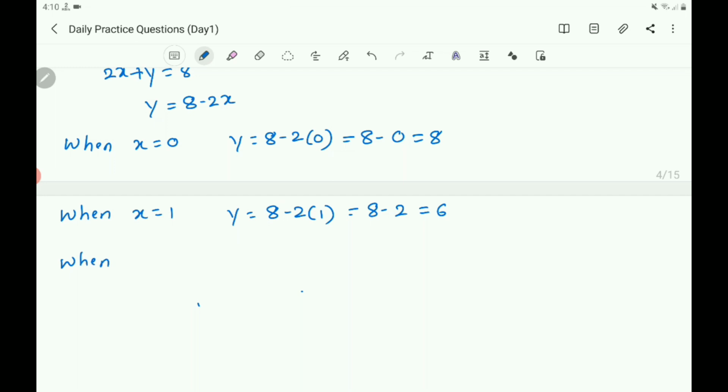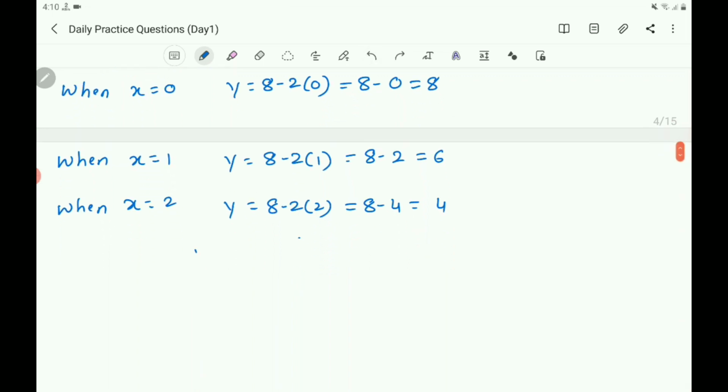And when x equals 2, y equals 8 minus 2 into 2, that is 8 minus 4, equals 4. So for 0, 1, 2, you got the values 8, 6, 4. They are the corresponding values of y.